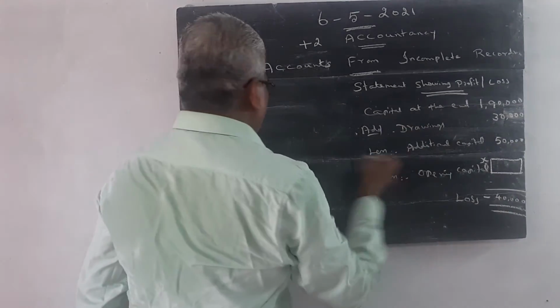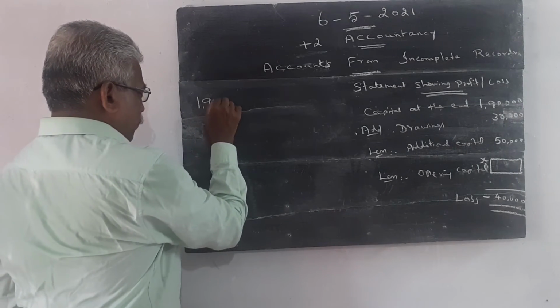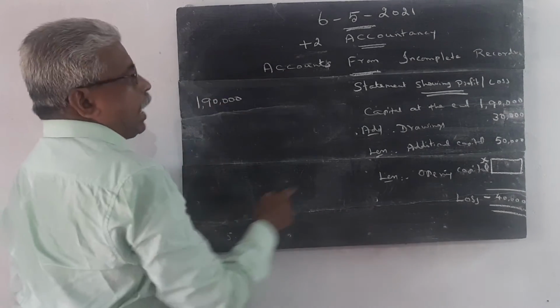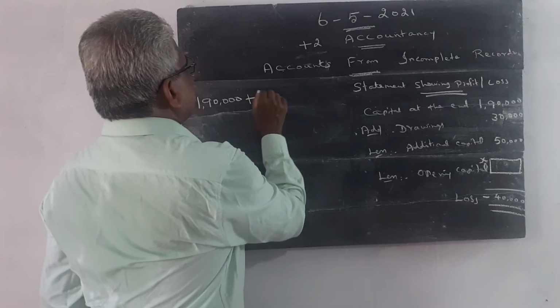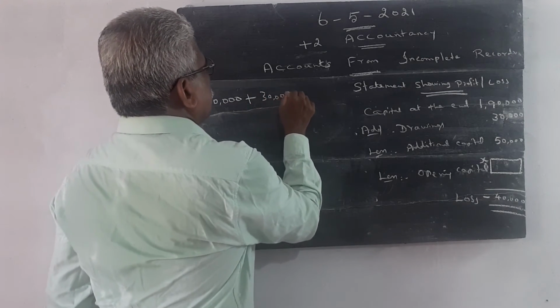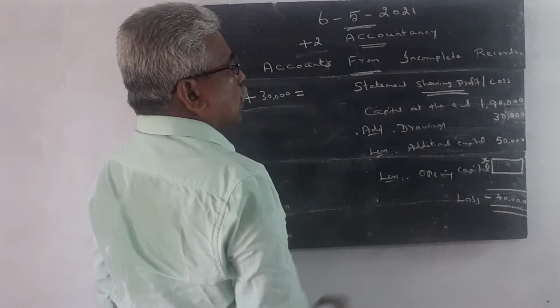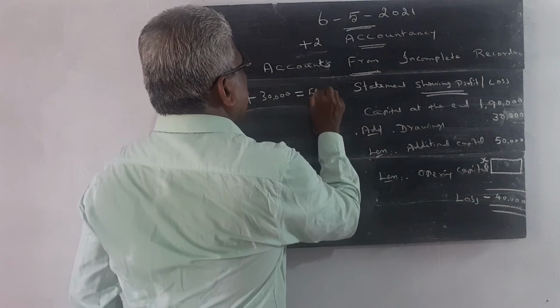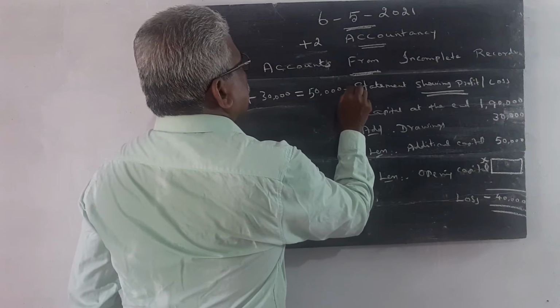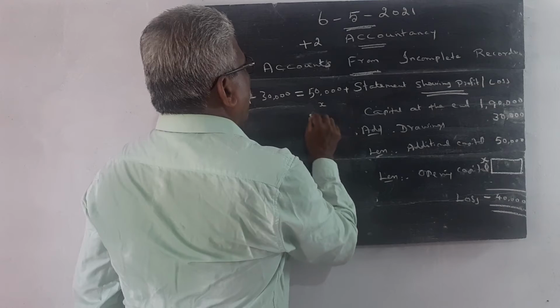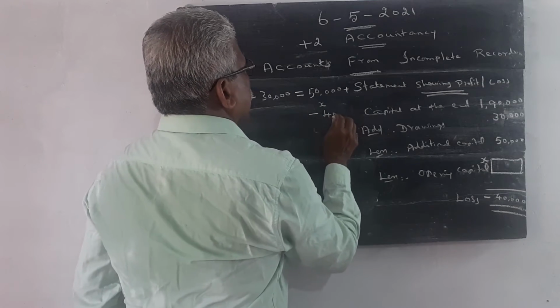Capital at the end 1,90,000, add drawings 30,000, less additional capital 50,000, less x, is equal to minus 40,000.